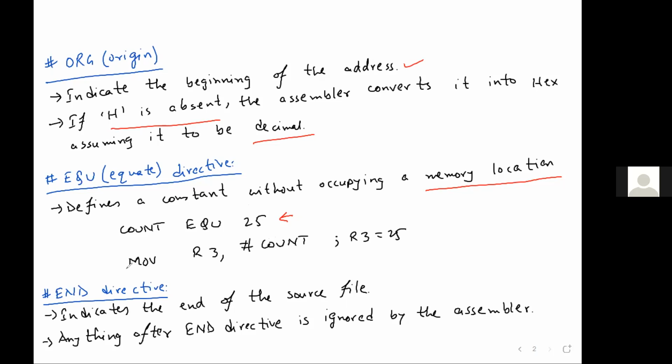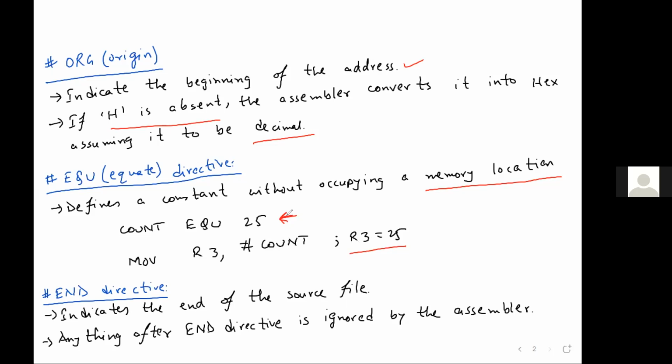Like for this example, in this line, MOV R3, #COUNT. Your assembler encountered count, so what it will do? It will use 25. So your R3 will have the value 25. You see that this particular line, COUNT EQU 25, is simply a directive for the assembler. Your assembler is not converting this to machine code. You are just telling the assembler what to do.